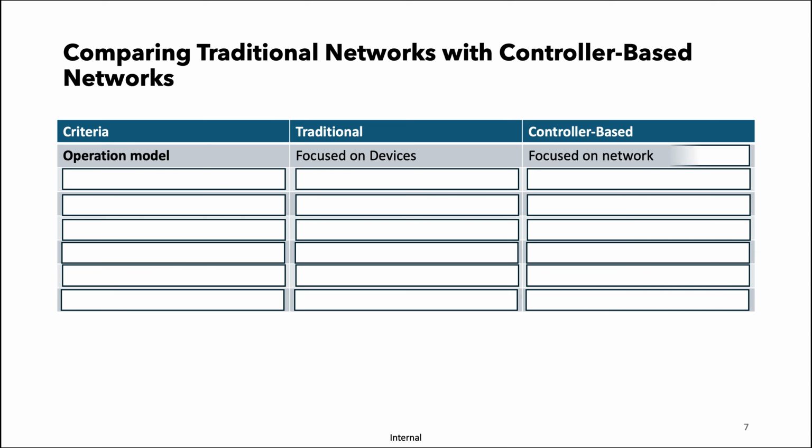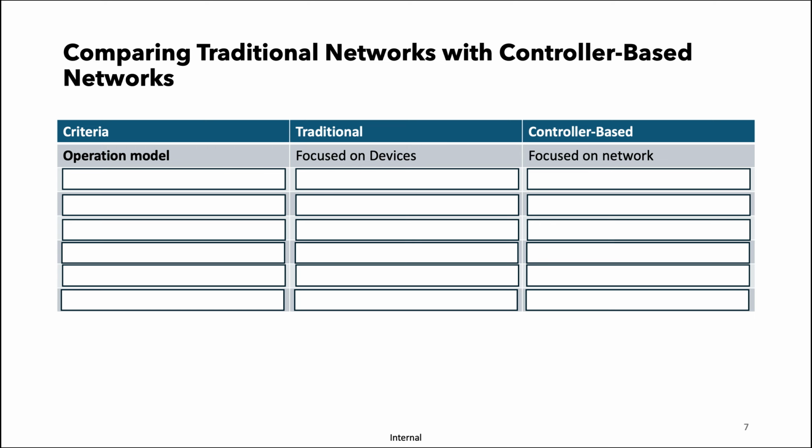Whereas controller-based networks are focused on the network. Controller-based networking, on the other hand, is an architecture in which a central controller is used to manage multiple network devices such as switches and routers. The controller here acts as a single point of management for the entire network, rather than in traditional, where every device is managed independently.